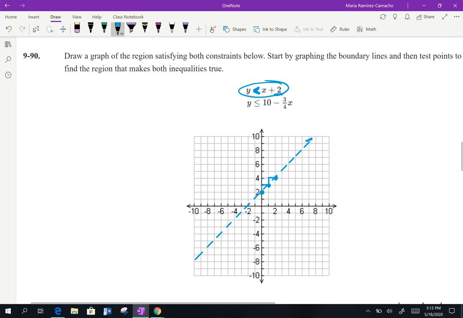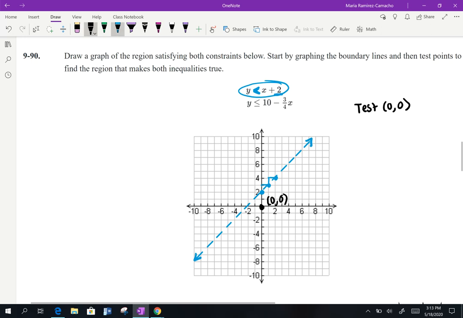And then remember that when we graph an inequality, we have to test a point on a side of the boundary line so we know where to shade. So I am going to test 0, 0, since that is a very easy point to test.